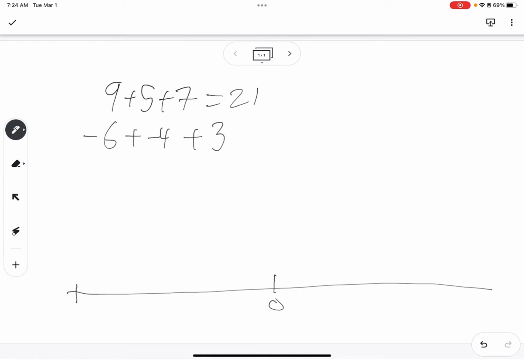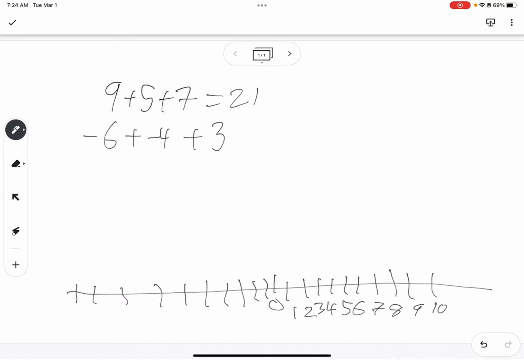So negative 10, 9, 8, 7, 6, 5, 4, 3, 2, 1, and 1, 2, 3, 4, 5, 6, 7, 8, 9, 10, and negative 1, negative 2, negative 3, up to negative 10, okay?